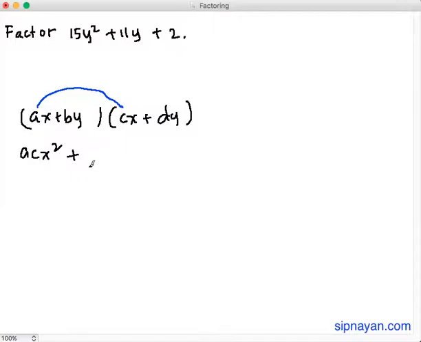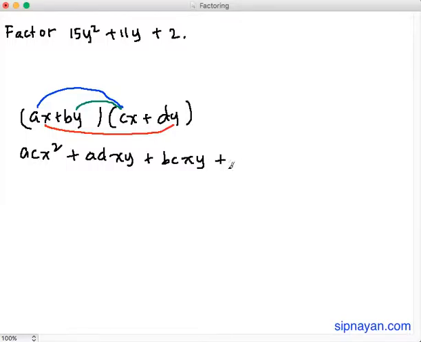Then plus, I multiply the outside terms: adxy. And then the inner terms: bcxy.